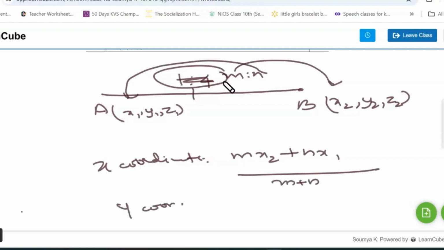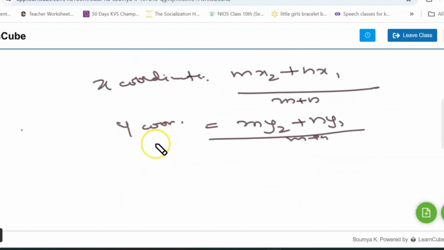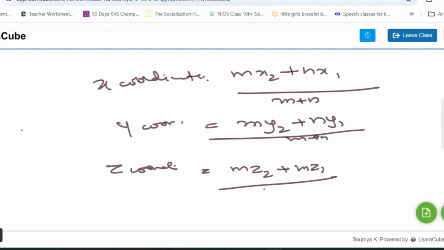For the y coordinate, in the same way you have to write (m y2 plus n y1) whole divided by m plus n. Z coordinate is equal to (m z2 plus n z1) by m plus n. Okay, so these are the formulas.